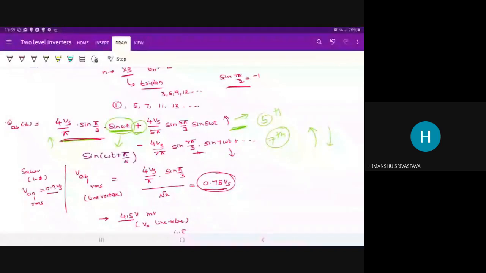What is the reason? What we study is that the line voltage is root 3 times the phase voltage. Remember that root 3 times is exact only when you have sinusoidal voltages.